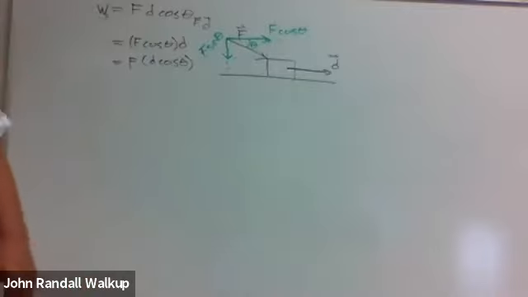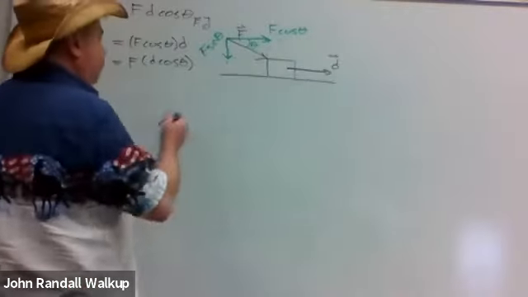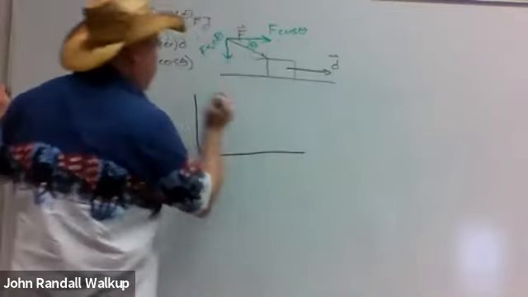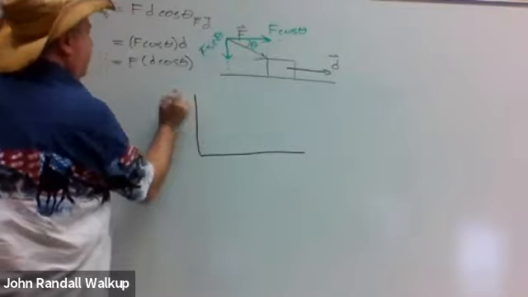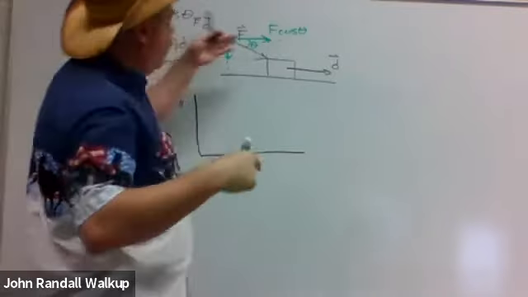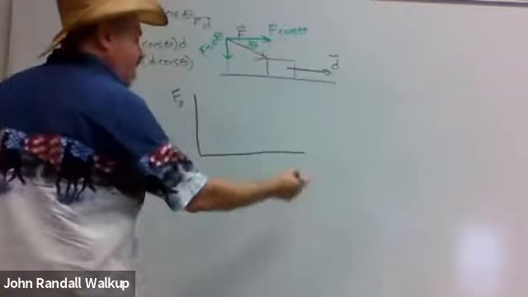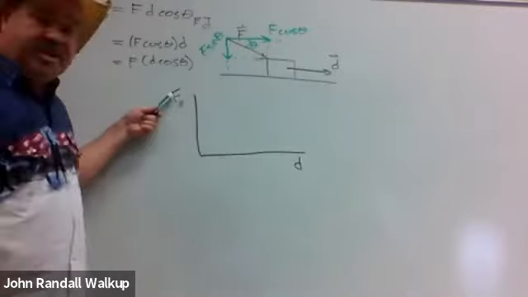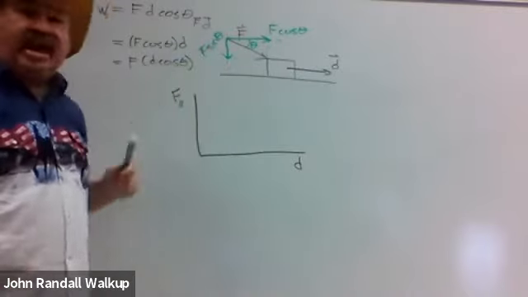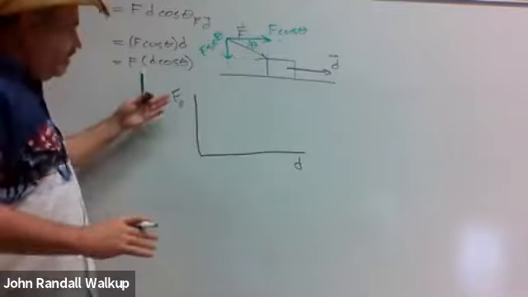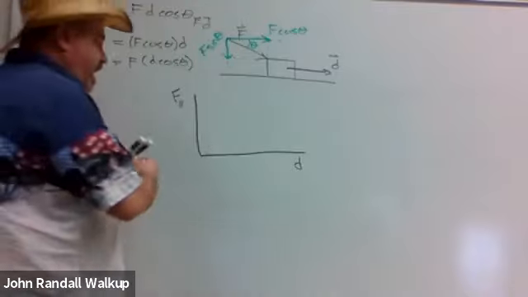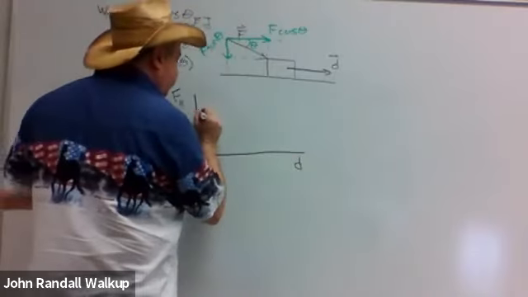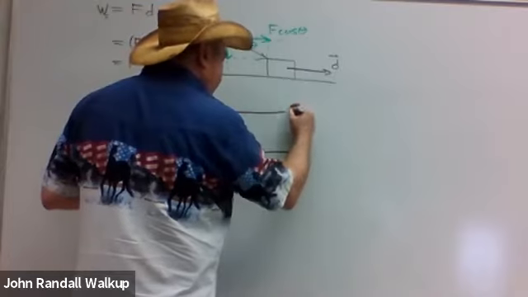Oh, I also wanted to show you something else. Suppose that I plot this F, and I'll call this F parallel. That's the force that's parallel to the displacement, and I plot it as a function of displacement. If this parallel force, in this case F cosine theta, whatever force it is, is constant, that means that as the object sweeps out this distance D, this force will make a straight horizontal line.